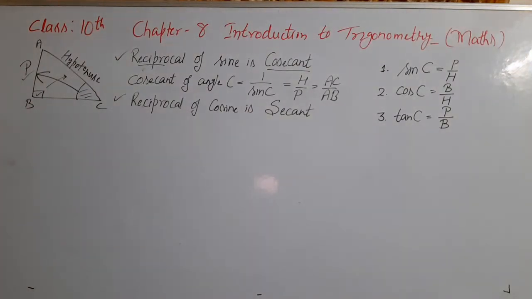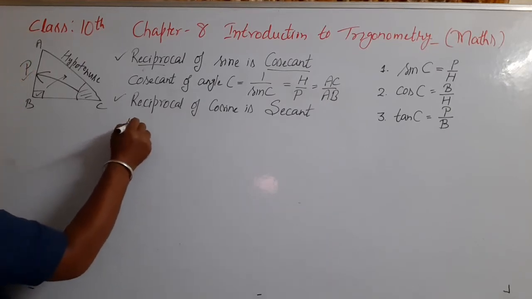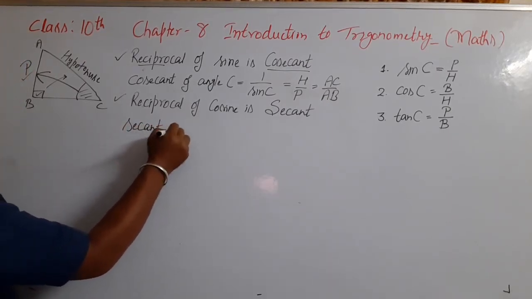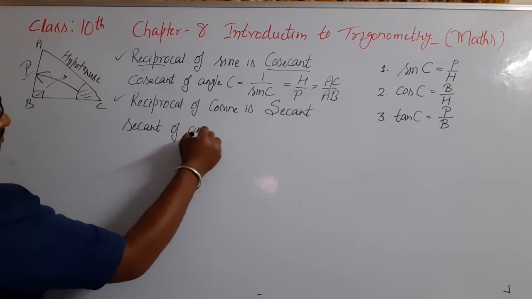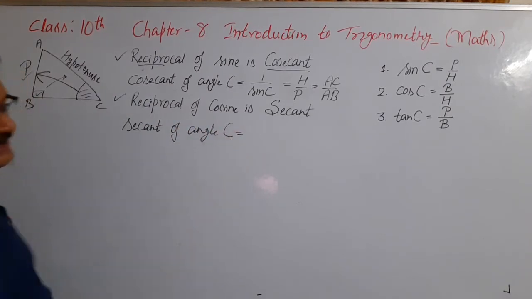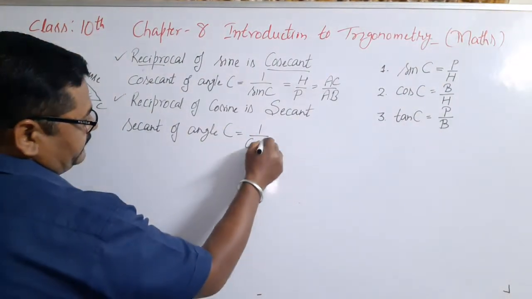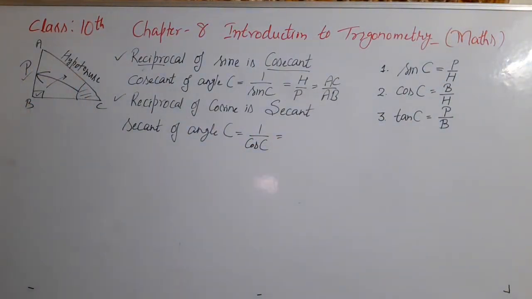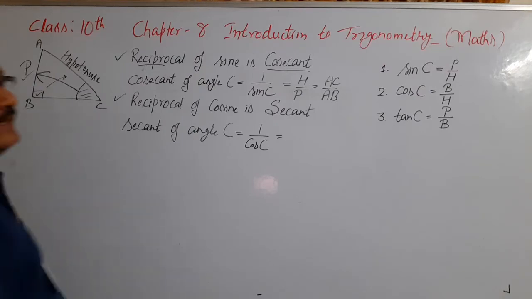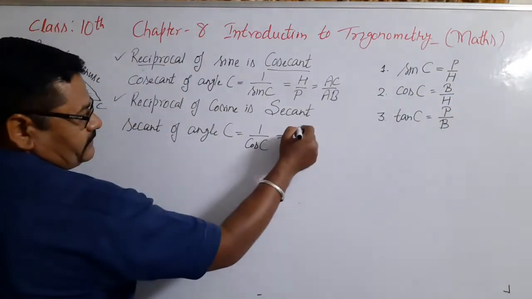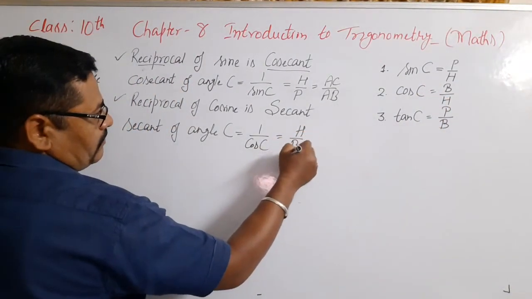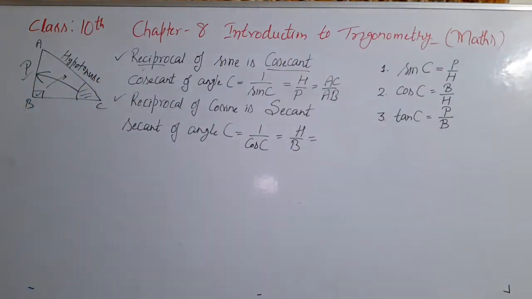If I want to find secant of angle C, then it is equal to 1 upon cos C, that is the opposite of cos C, that is hypotenuse upon base. Hypotenuse again AC and base BC.